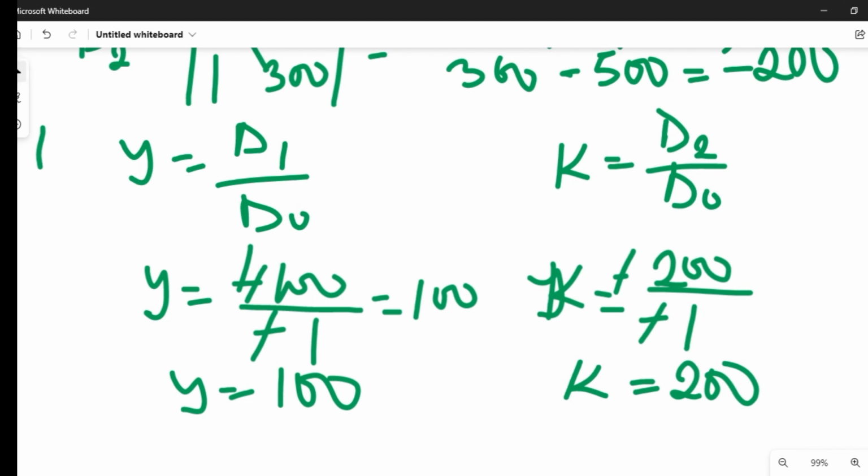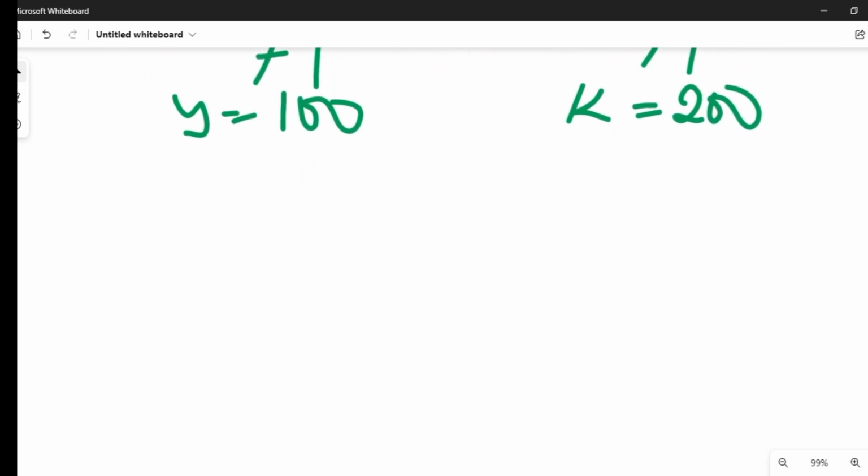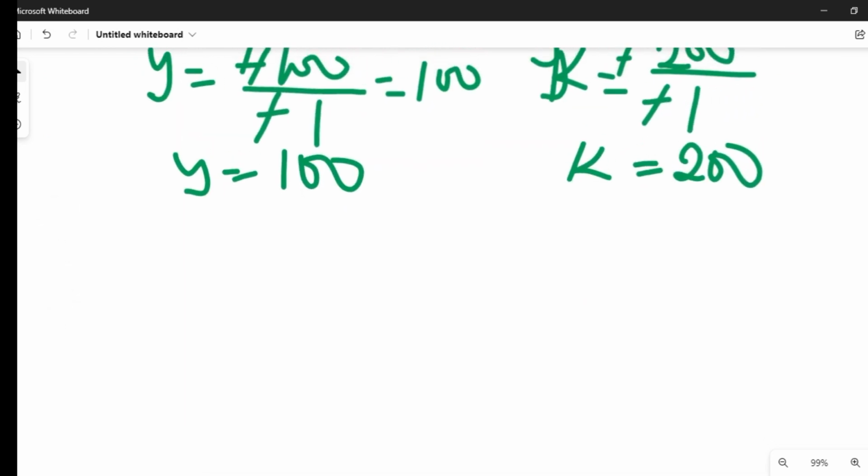So having gotten these values, what next do we need to do? We are now going to find the cost. Remember, we are asked to find the cost for 3 hours.